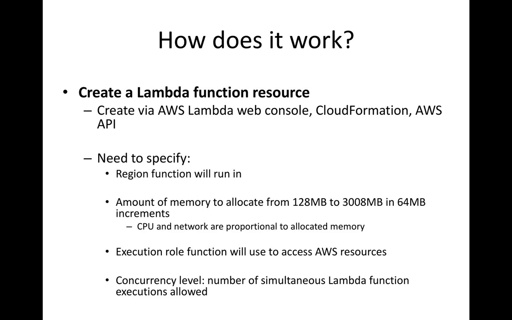And your platform might receive 100 web requests simultaneously. Each web request is going to trigger a Lambda function and run in a separate Lambda function. So you could have 100 Lambda functions running simultaneously.